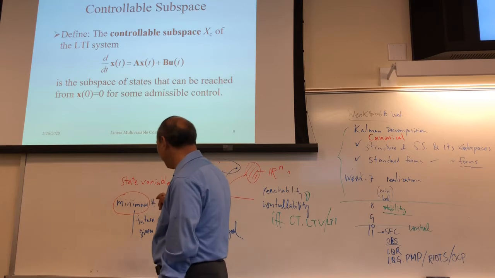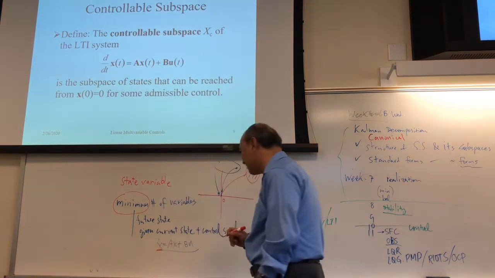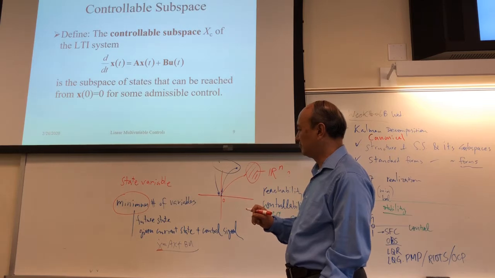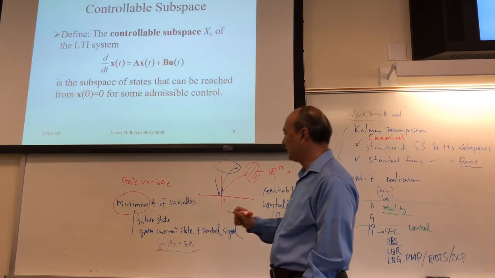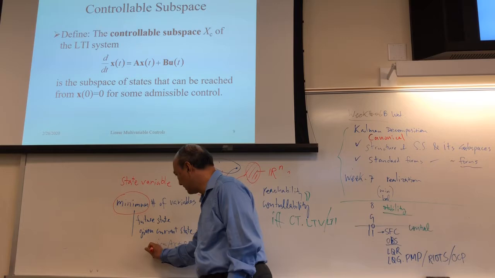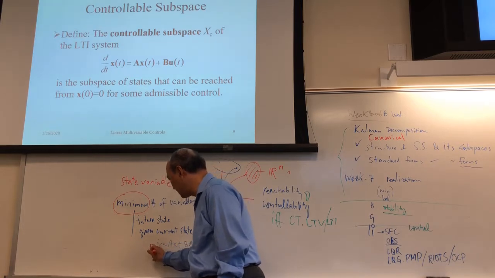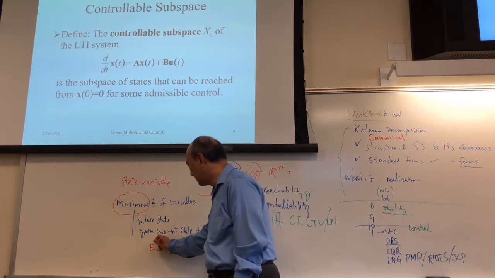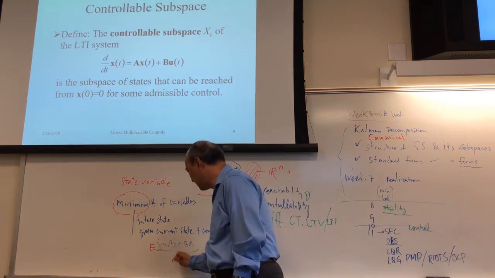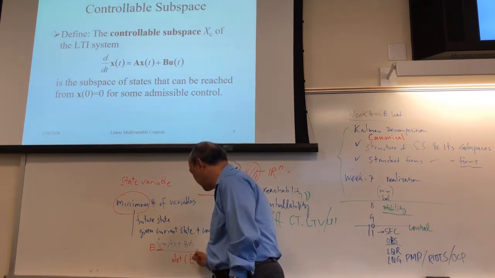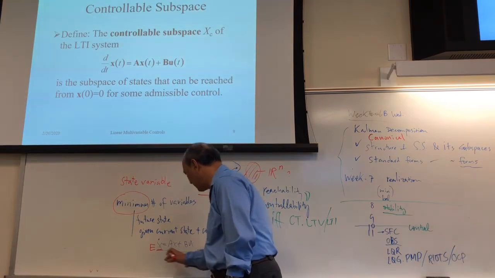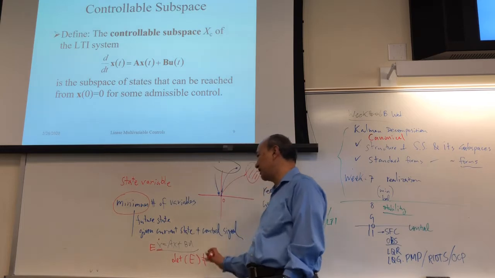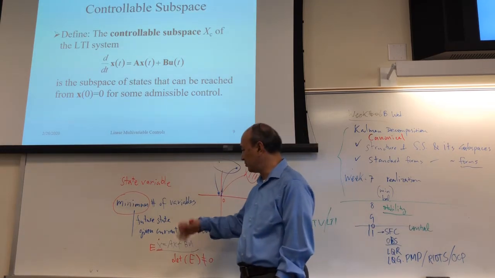In some cases you can have another matrix E, n by n, multiplying here. Of course, E is not zero, not singular, so you can move it to the other side and turn it into the previous form.